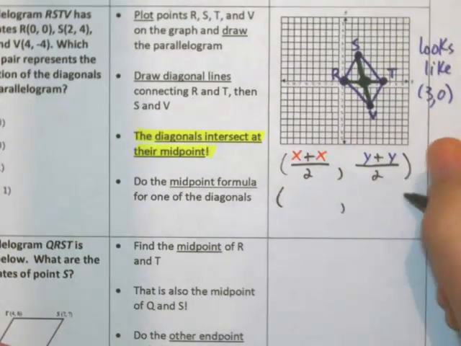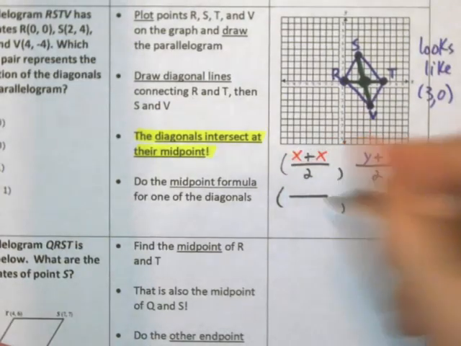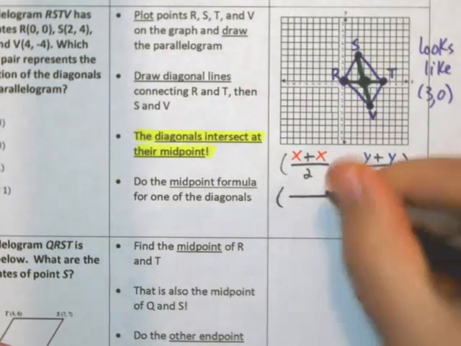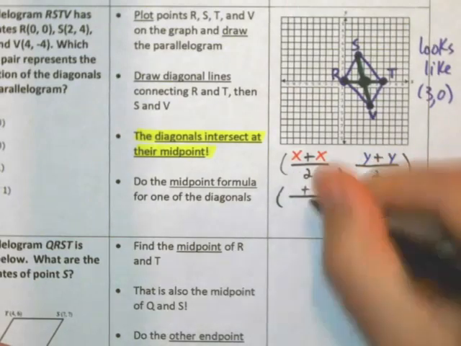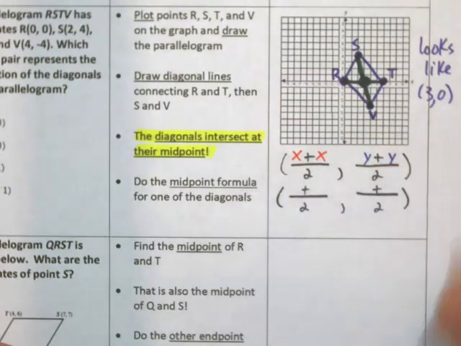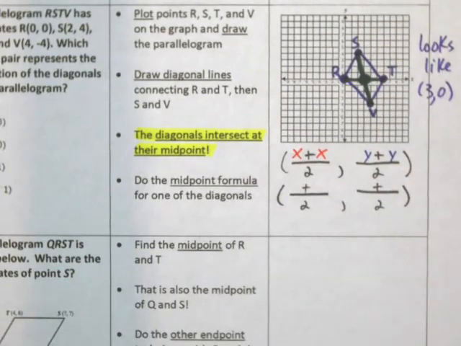Now we can do the midpoint formula for either diagonal. We don't have to do it for both. We can just choose one.